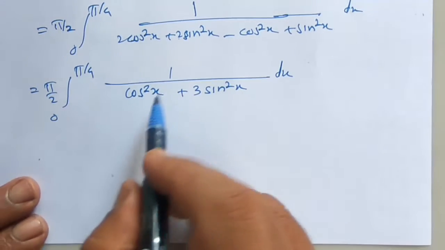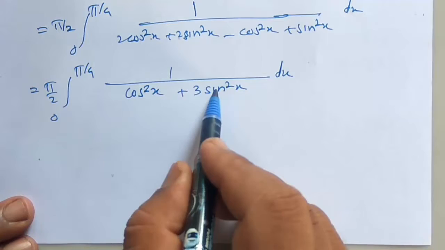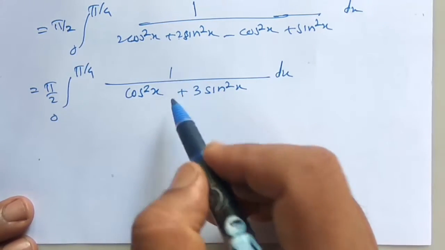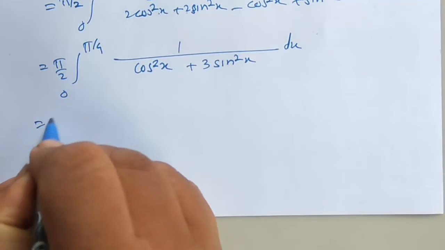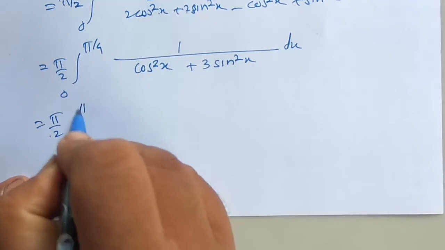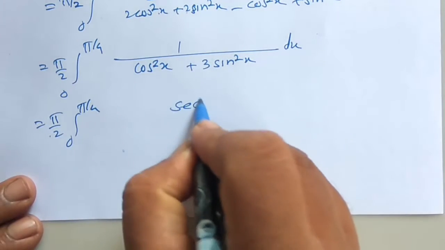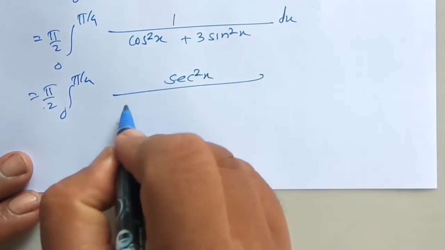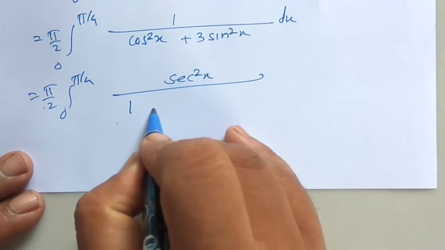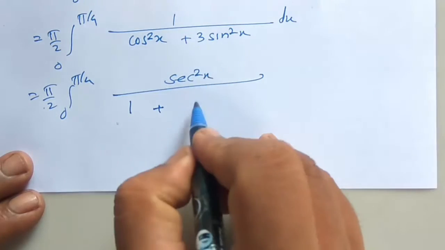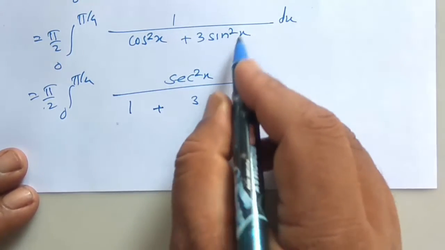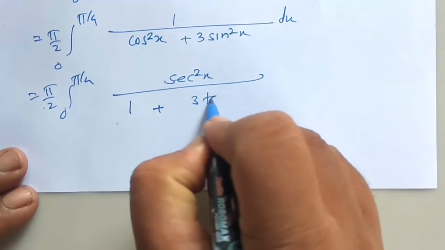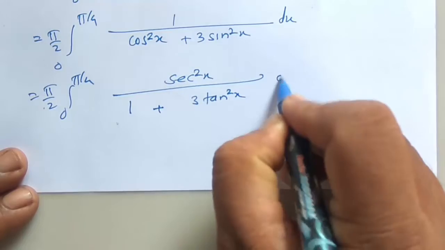If the denominator is sin square or cos square or a combination of these, then we have to multiply both numerator and denominator by sec square. So this is pi by 2, 0 to pi by 4, sec square x upon sec square times cos square, which is 1, plus 3 sin square x times sec square. Sec square means 1 upon cos square, so it becomes tan square x dx.